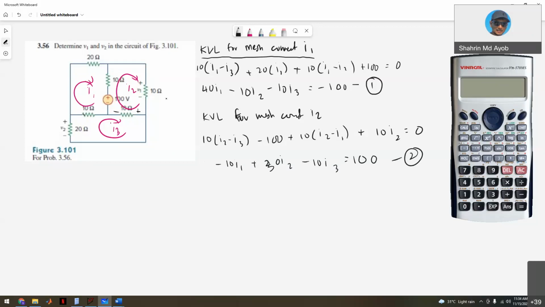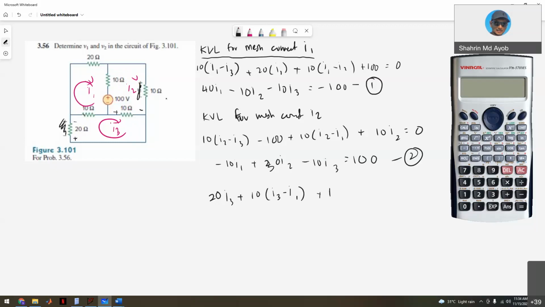And the third equation is, so just ignore the polarity, okay? Just ignore this one, because this V2 and V1 is your question. We will go after that. So just assume that I3, the polarity is like this. Okay, 20 I3, and then 10 I3 minus I1, and then this one polarity is like this.